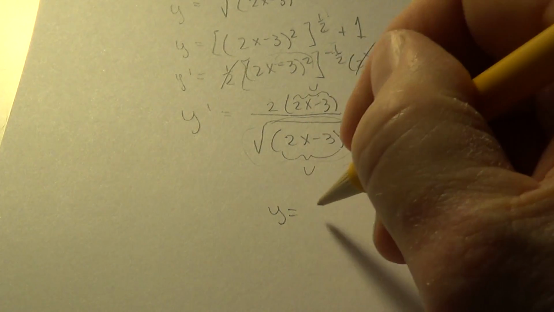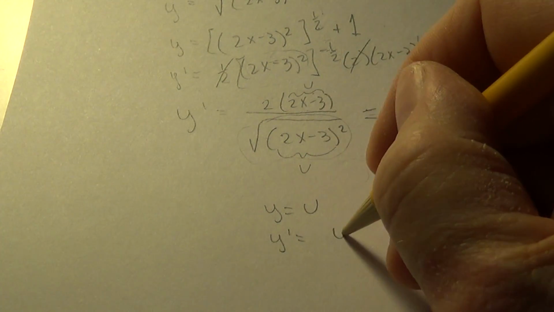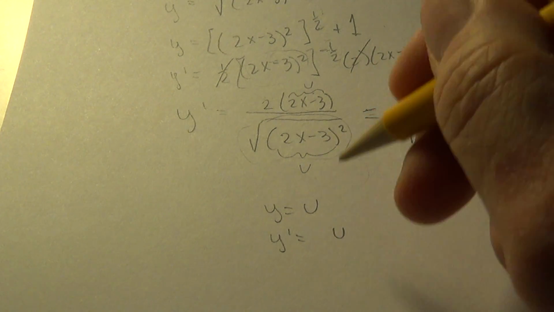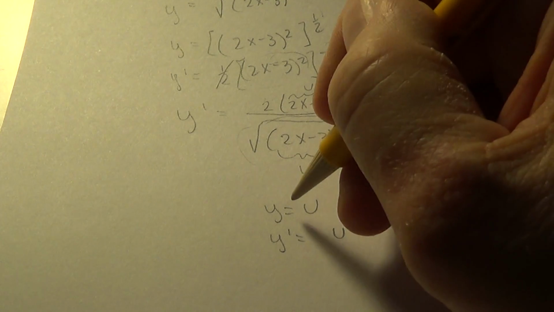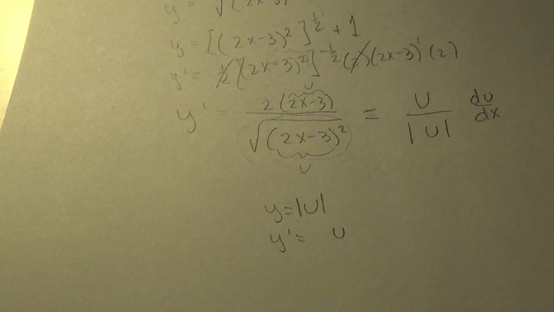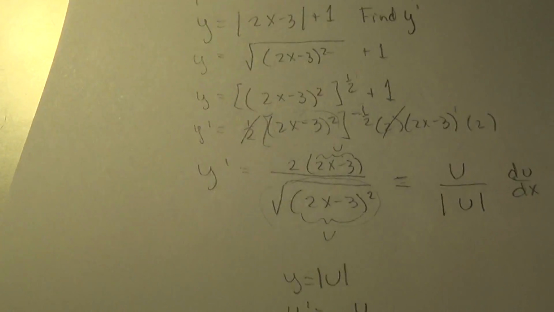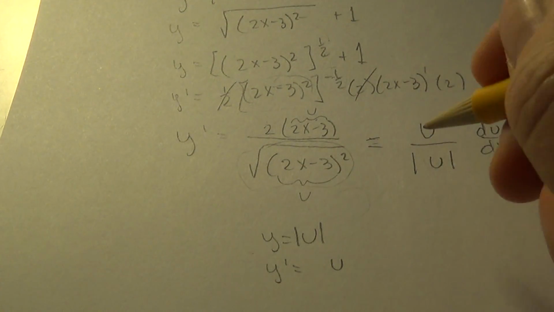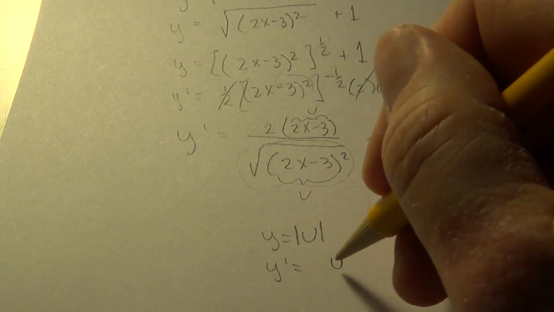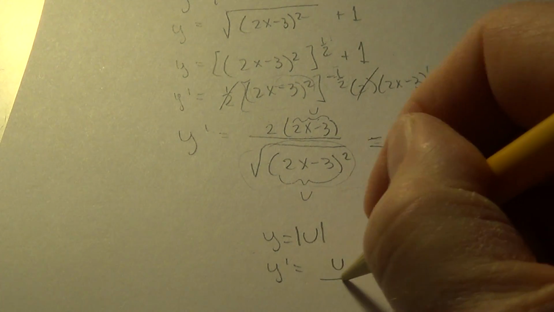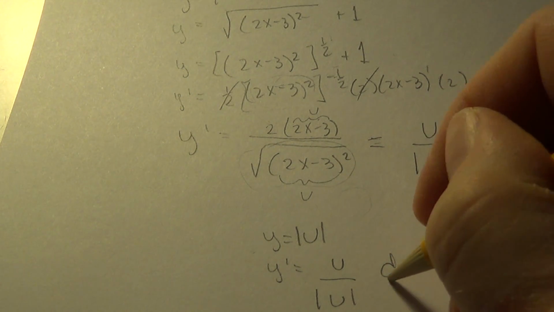If y equals the absolute value of u, then y prime, because that's what we started with, this part right here, is going to be u, the expression inside the absolute value without the absolute value sign, divided by the absolute value of u, times du dx.